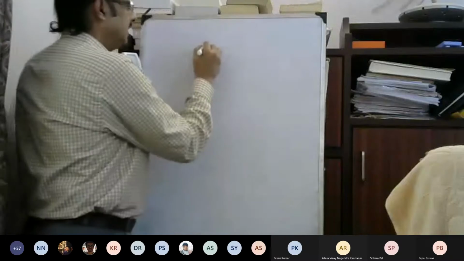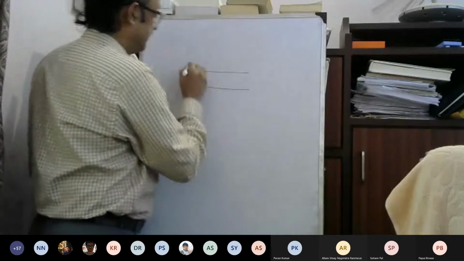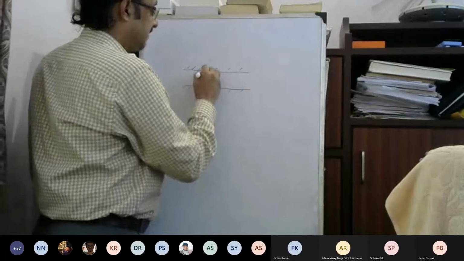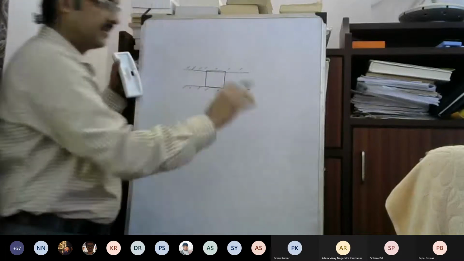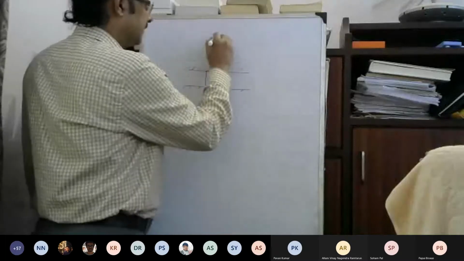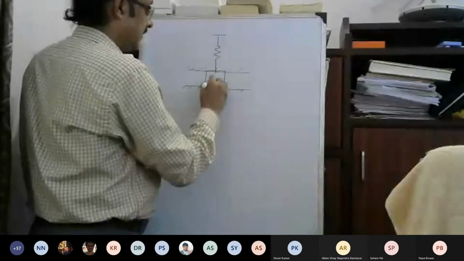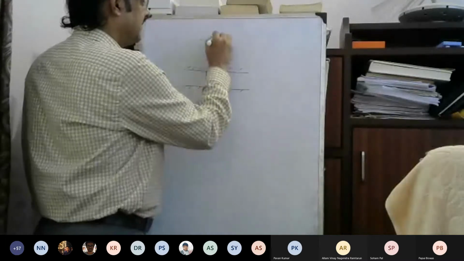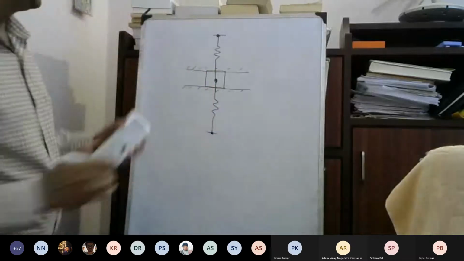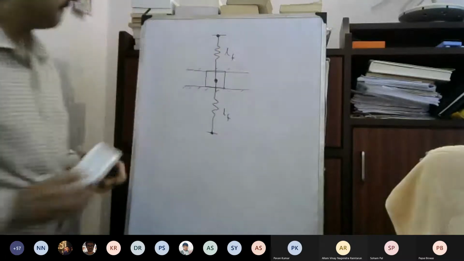Okay. Now let me consider another system where there is a guide and this mass can freely move along this guide, and I have here two springs. So this spring is connected, and it has length, let us say Lf and Lf.